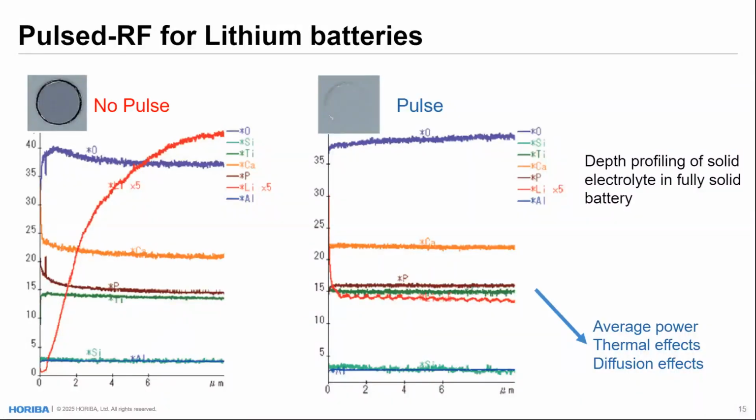The next feature, which is available for HORIBA GD Profiler 2, is the Pulse RF system.